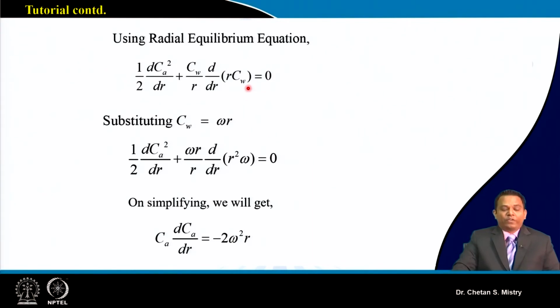Now what we know is, in place of my CW, I can write omega into R. So let me replace this with omega into R. If we simplify this equation, it says my axial velocity into dCA by dr is equal to minus 2 omega square into R.